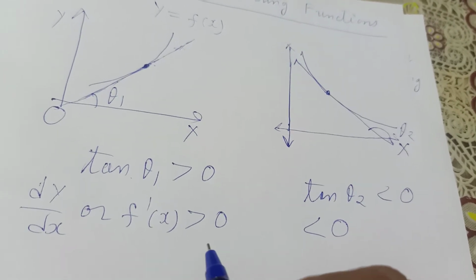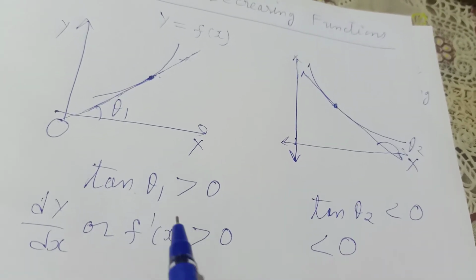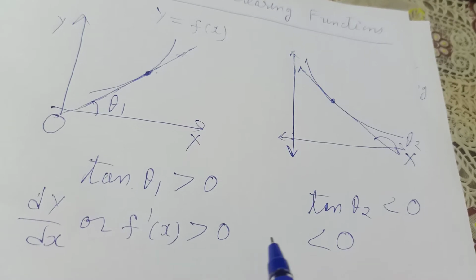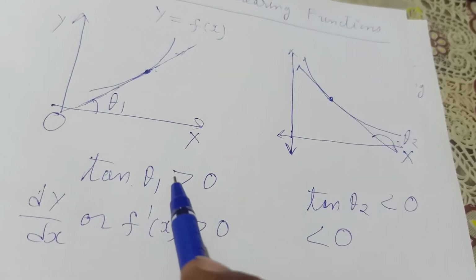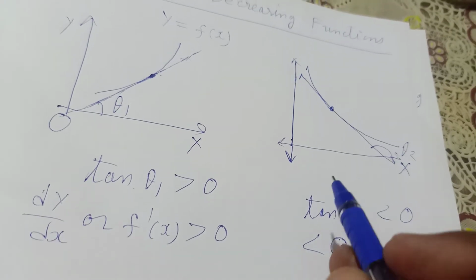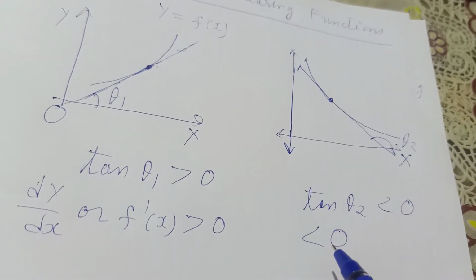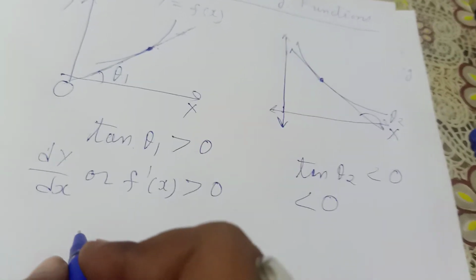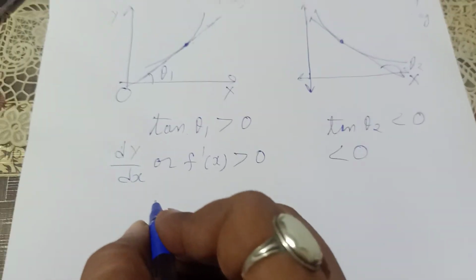This is the condition for strictly increasing and strictly decreasing functions. For a strictly increasing function, f dash x must be positive, and for a strictly decreasing function, f dash x must be negative.